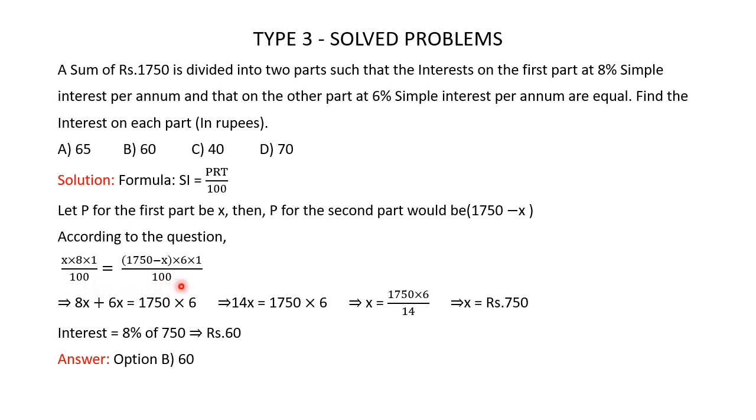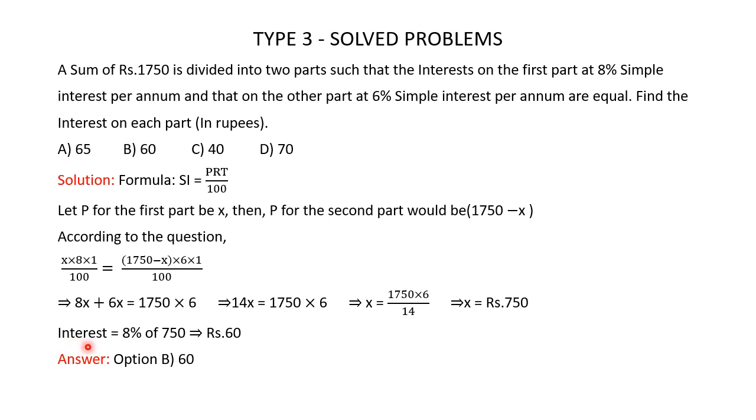Now on solving this, we get X is equal to rupees 750. That is, the principal for the first part is rupees 750. Now we know that the rate of interest for the first part is 8%.